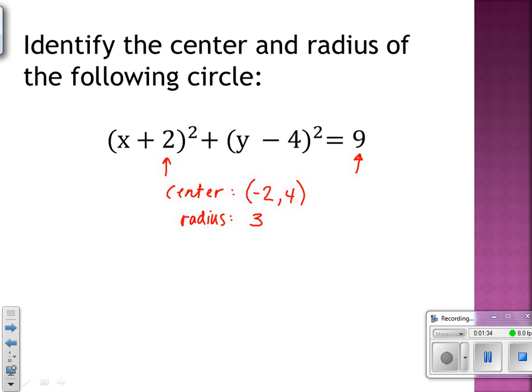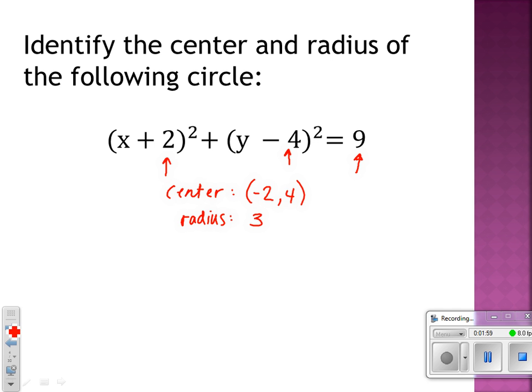So if we were to look at identifying the center of a circle, we would look at the numbers that go inside the parentheses with x and y, and remember that those are our h's and k's. So we have a 2 with the x and a negative 4 with the y.